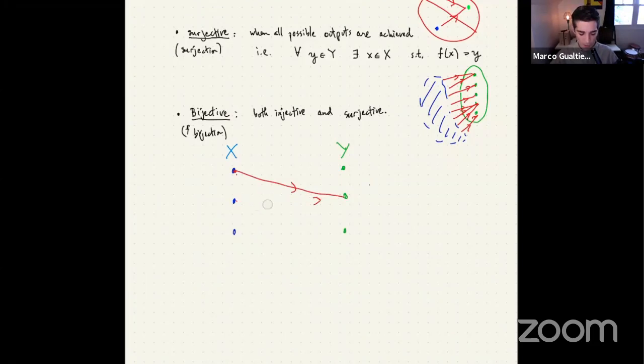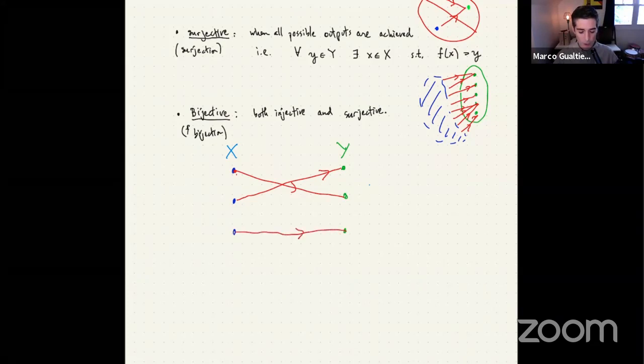So this is not possible. In order to maintain injectivity, I need to make sure that it's sent somewhere different from where the first point was sent. Then, as you can see here, there would be no additional choice for where the third one should go. It would have to go there. And now that we see that all possible values are taken, this would be an example of a bijection.